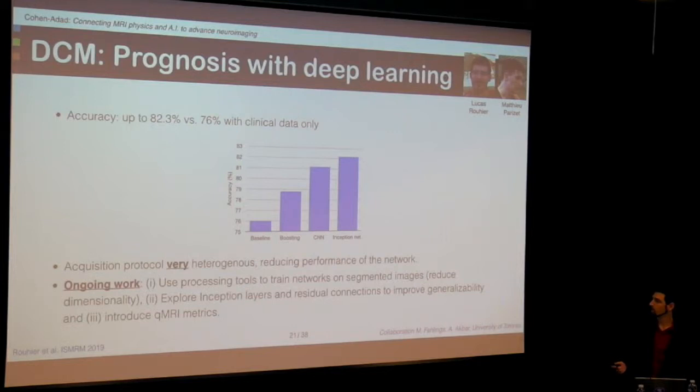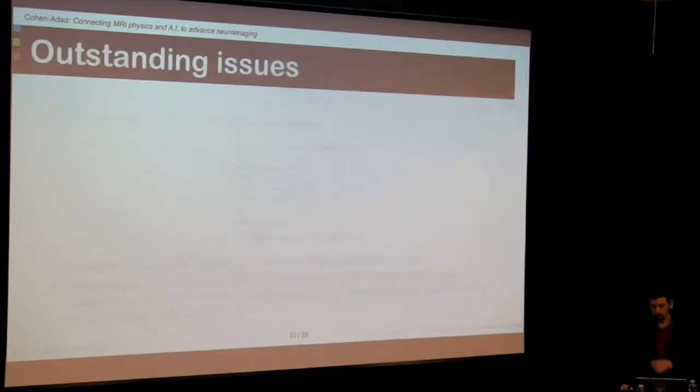And also look at other architectures that would be more robust, and also maybe look at quantitative MR metrics that might give more information about the state of the central nervous system. So I've shown you a couple of concrete clinical applications where deep learning is useful, and there's still a lot to explore.